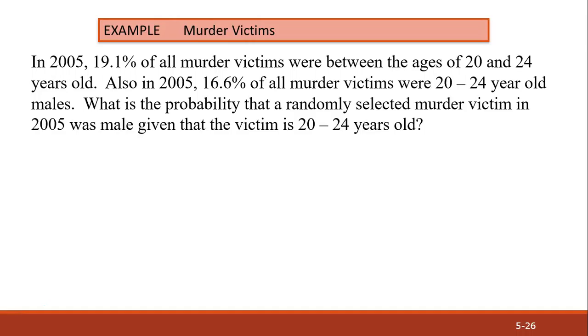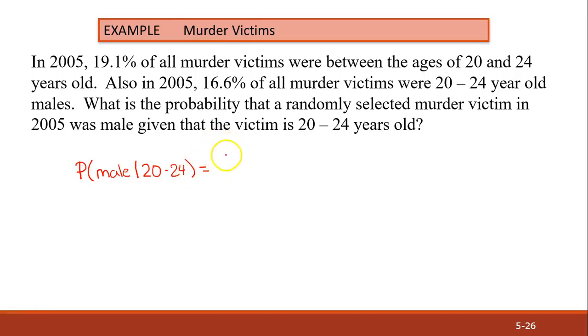What is the probability that a randomly selected murder victim in 2005 was male, given the victim is 20 to 24 years old? So we are looking for the probability that the murder victim is male, given their age is 20 to 24.